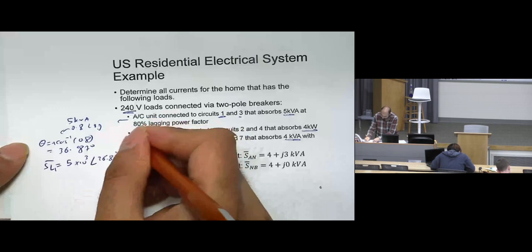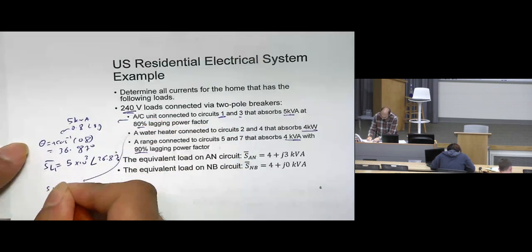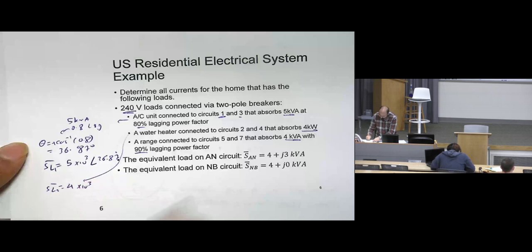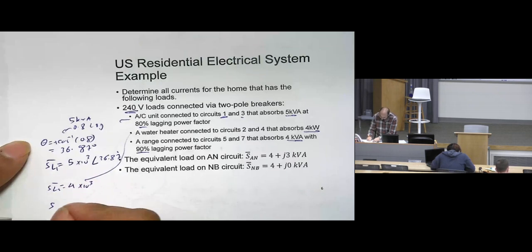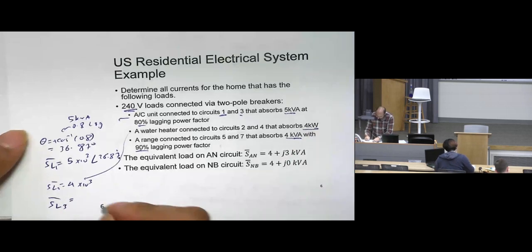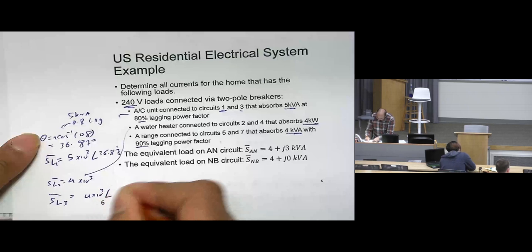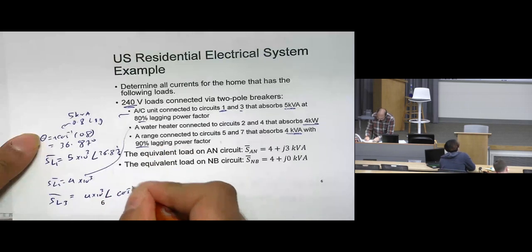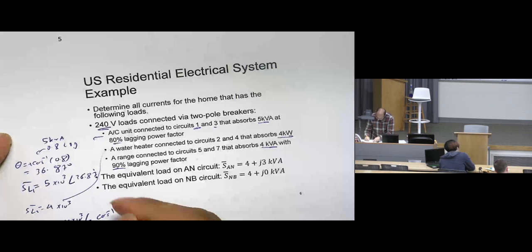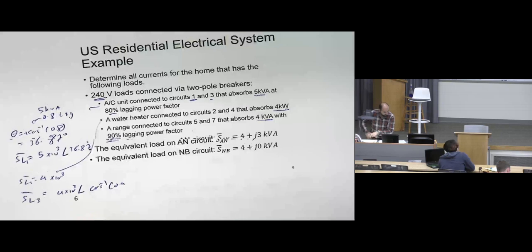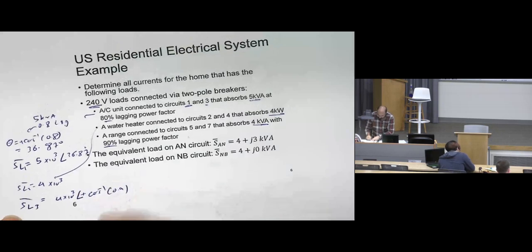The second S, S load 2, equals 4 kilowatts, 4 times 10 to the power 3. There is no imaginary part. For S load 3, it will be 4 kilovolt-amperes, 4 times 10 to the power 3, angle cosine inverse of 0.9, and it is positive because it's lagging.